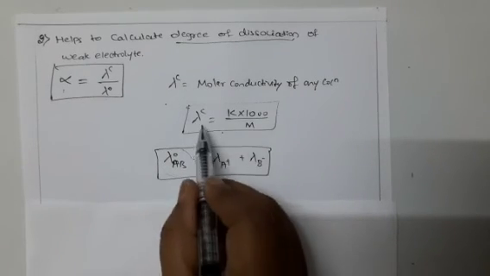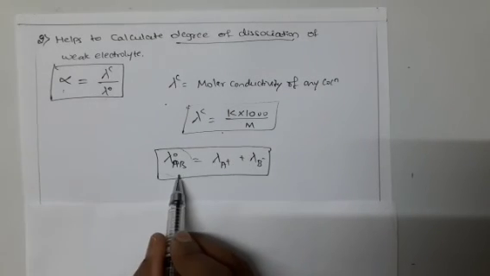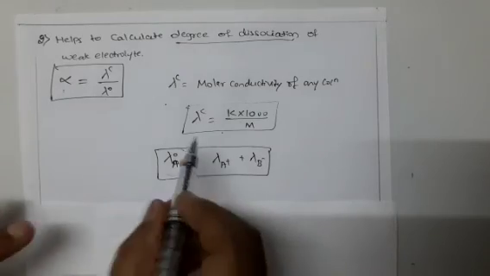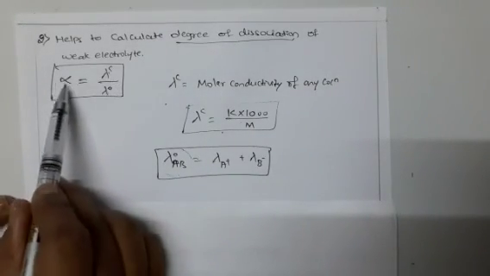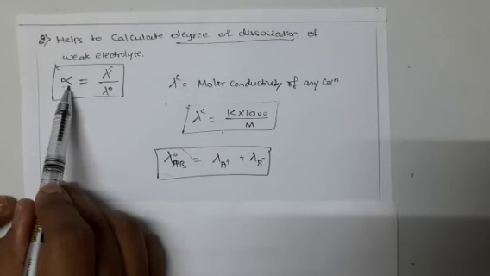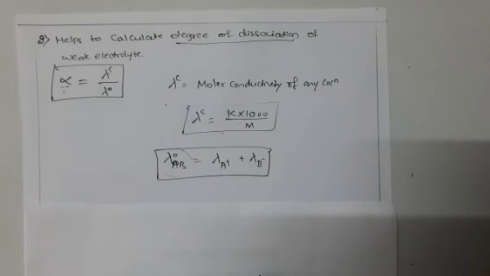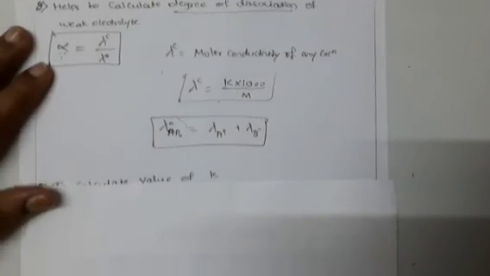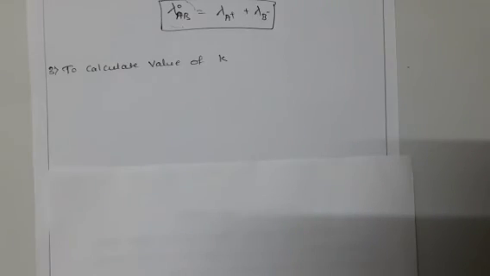We get lambda C from this formula, and lambda naught. By doing this we get both values, and then we apply them and get alpha. So we get the degree of dissociation value. Understood?